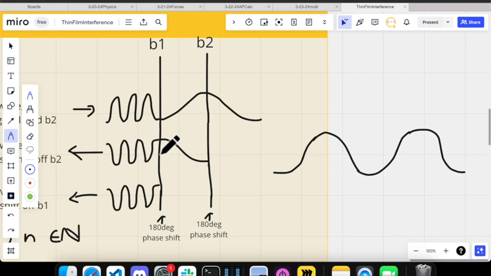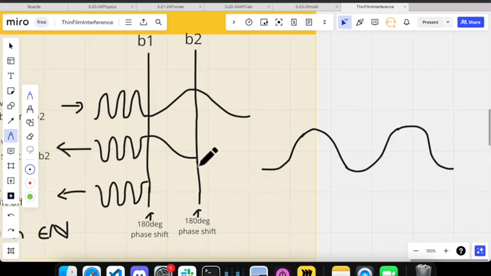And so if I draw that, let's say we're starting down here. We want to figure out how much of this wave to do. And we know at some point there's going to be an extra pi that happens due to this phase change. And then we want it to go another pi more.